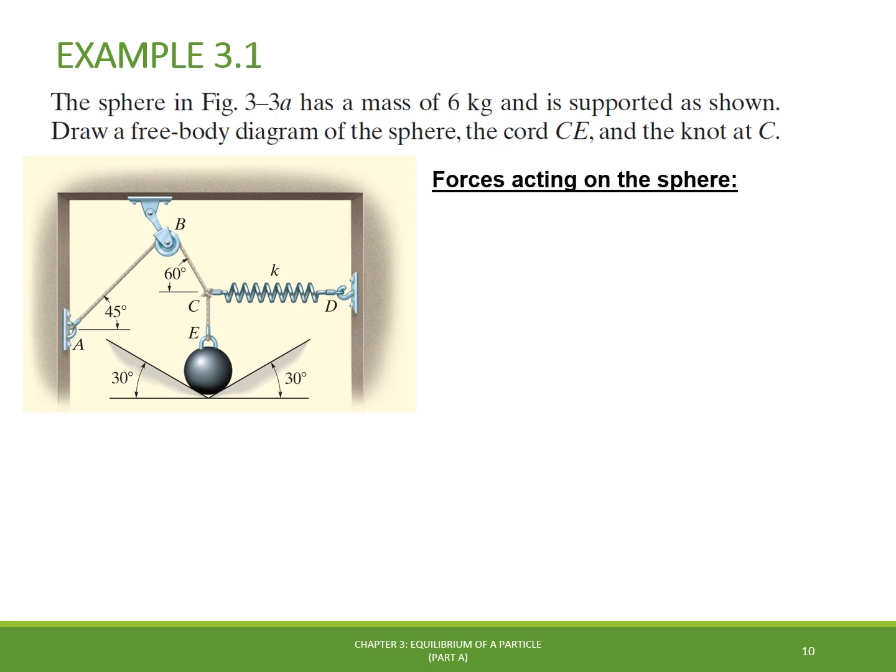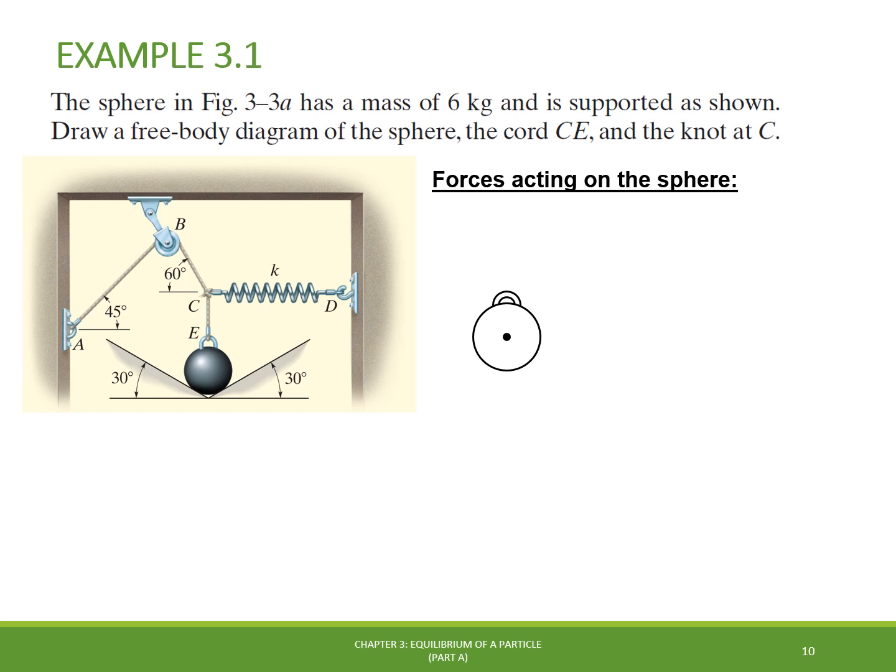Let's start with the sphere, in which we draw first the outline shape. Observe that the identification of all forces acting on the sphere requires careful attention on how the sphere interacts with its surroundings.